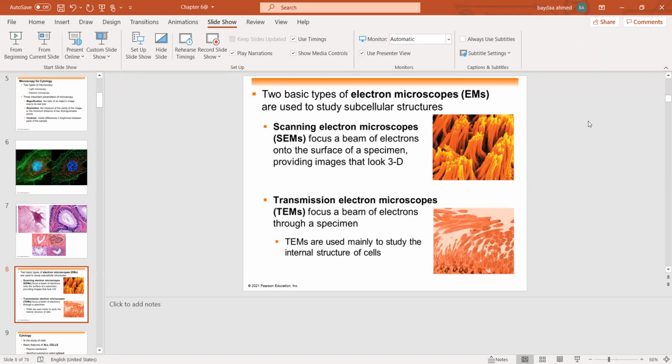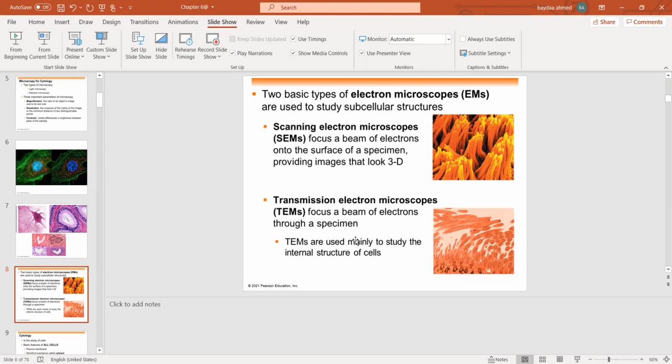This micrograph, taken with the scanning electron microscope, shows a 3D image of the surface of a specimen. Here, the surface of a cell from the trachea is covered with cilia. Those projections from the cell we call cilia.